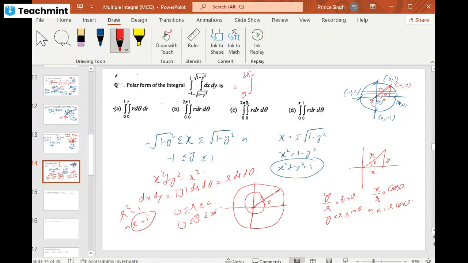So the limit of r varies from 0 to 1. So dx dy becomes r dr d theta. So the integral is 0 to 2 pi, 0 to 1, r dr d theta. This is how we can convert the double integral problem into polar form.